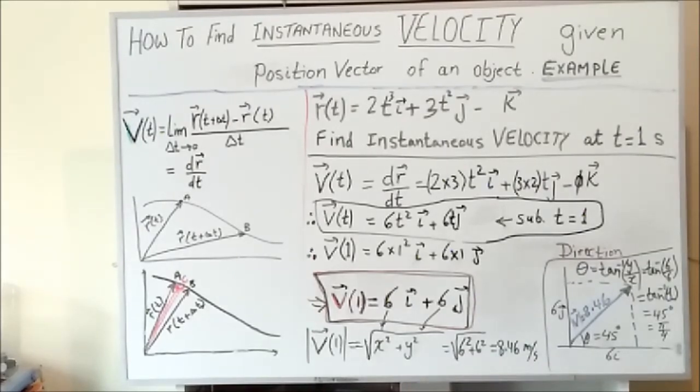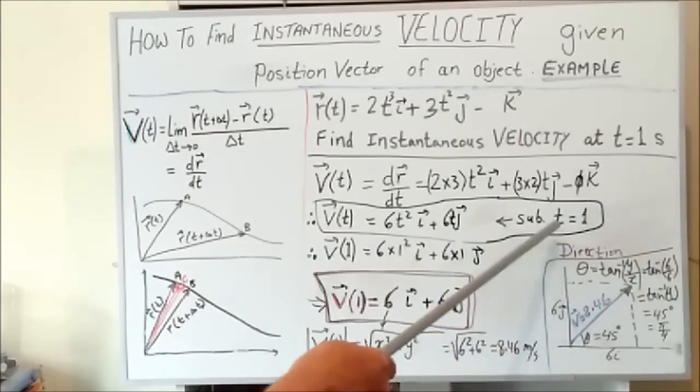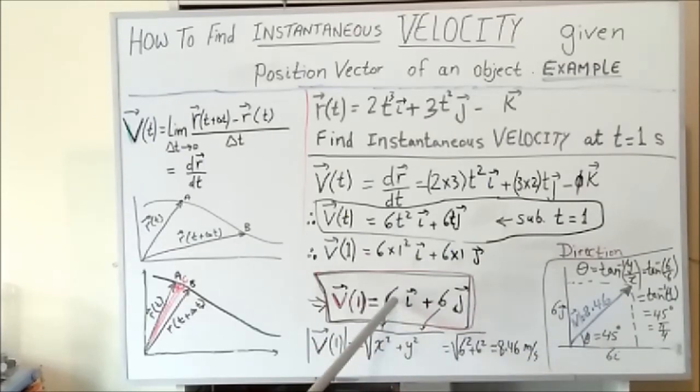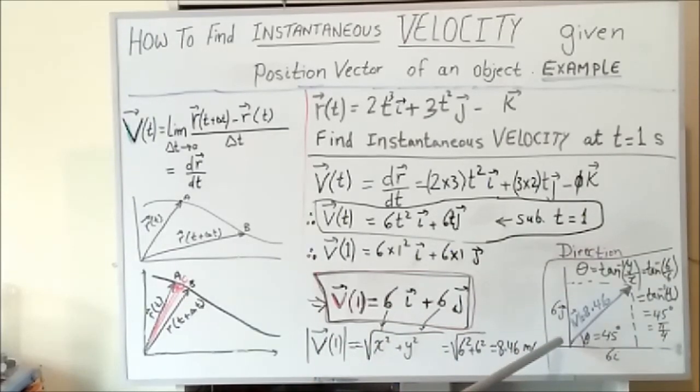And to have the full picture, normally we need to give the direction of the vector. To find the direction, the angle theta, we have x and y directions. This is 6i in the x direction, 6j in the y direction.